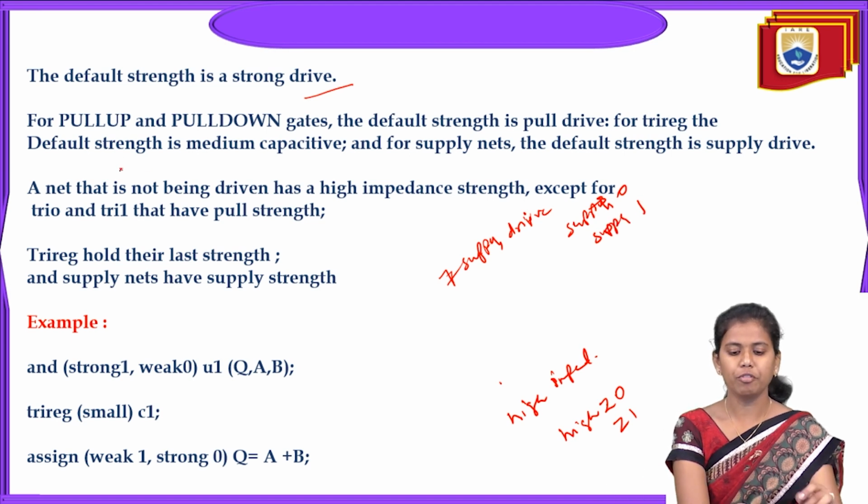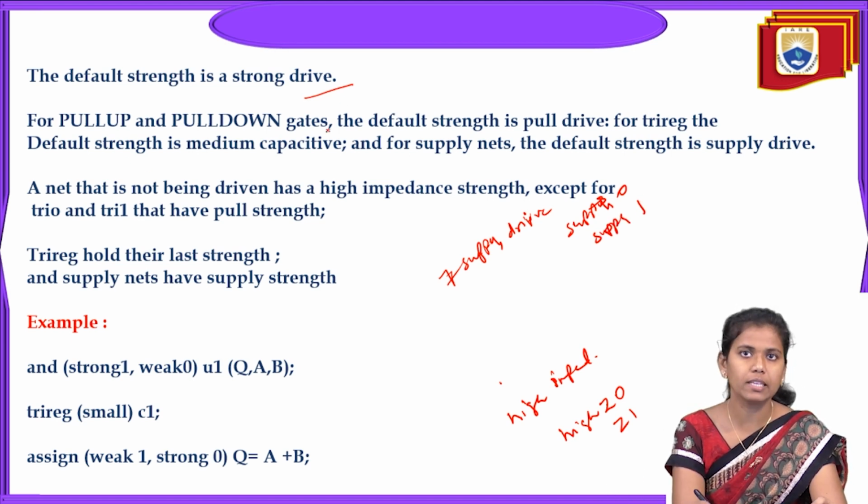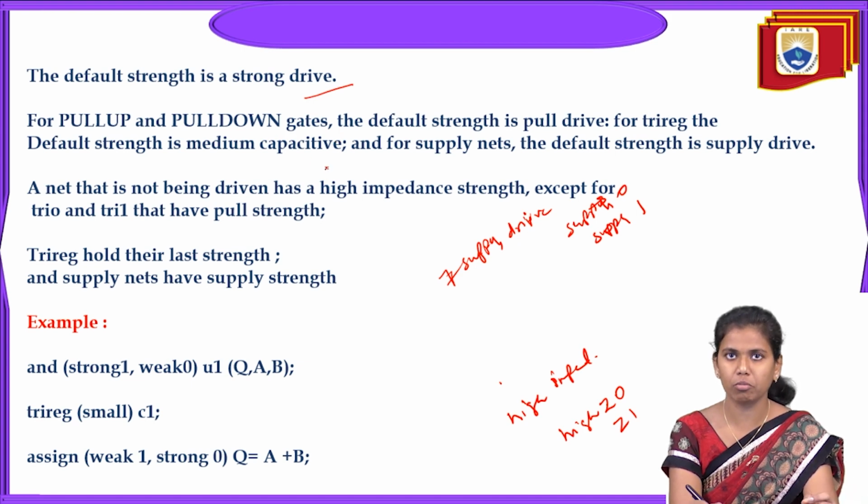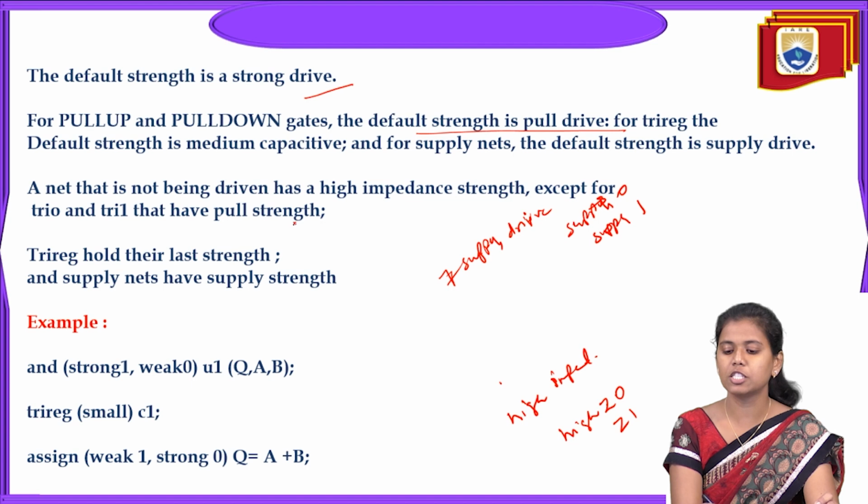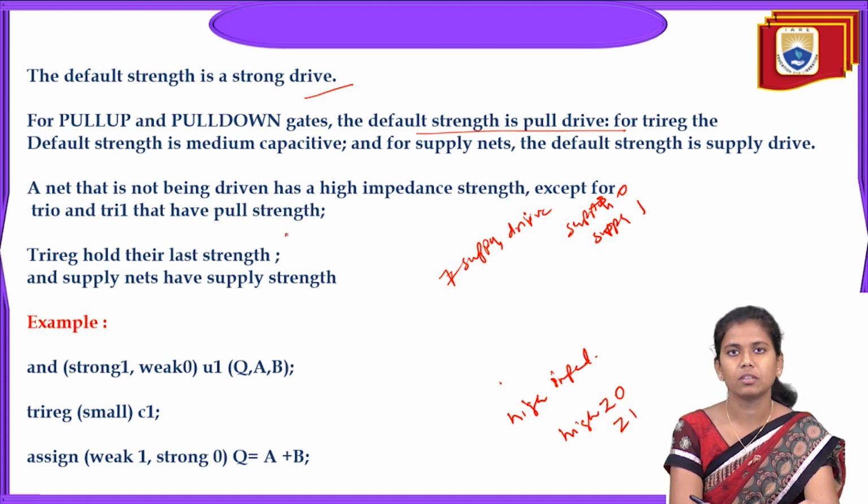Okay. Then for pull up and pull down gates, here for the enhancement mode of transition and the depletion mode of transition, the default strength is pull drive. For pull up and pull down switches, we have already discussed the switch primitives, right?